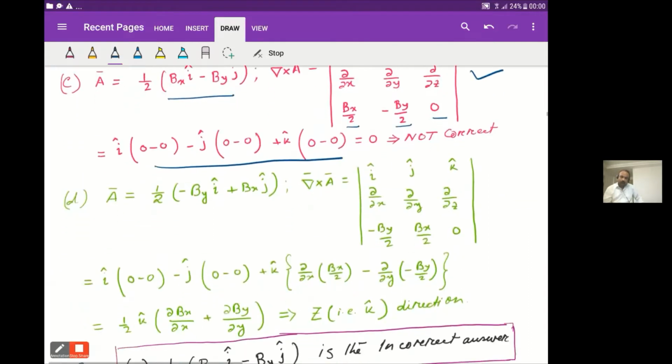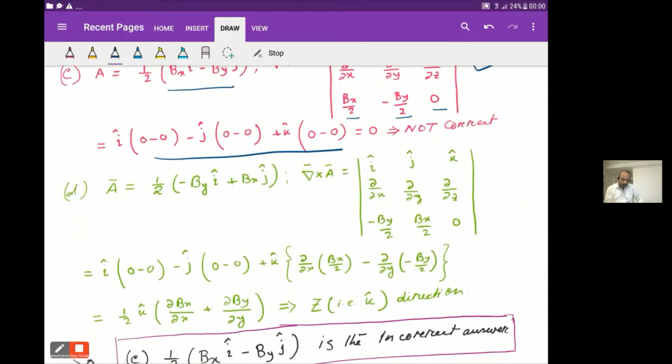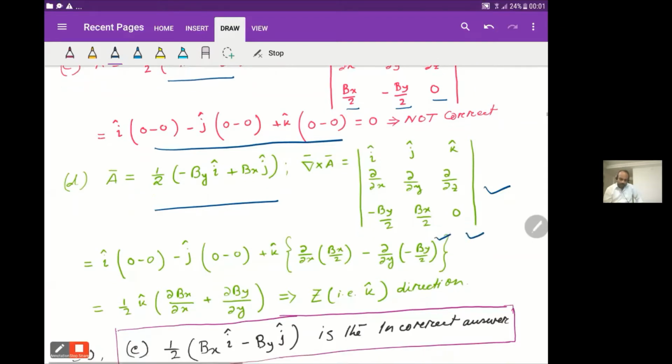We can also check with option D, which is half of minus By i cap plus Bx j cap. Then curl of A, we have i j k, del x del y del z. The i component is minus By by 2, the j component is Bx by 2, and the k component is 0.